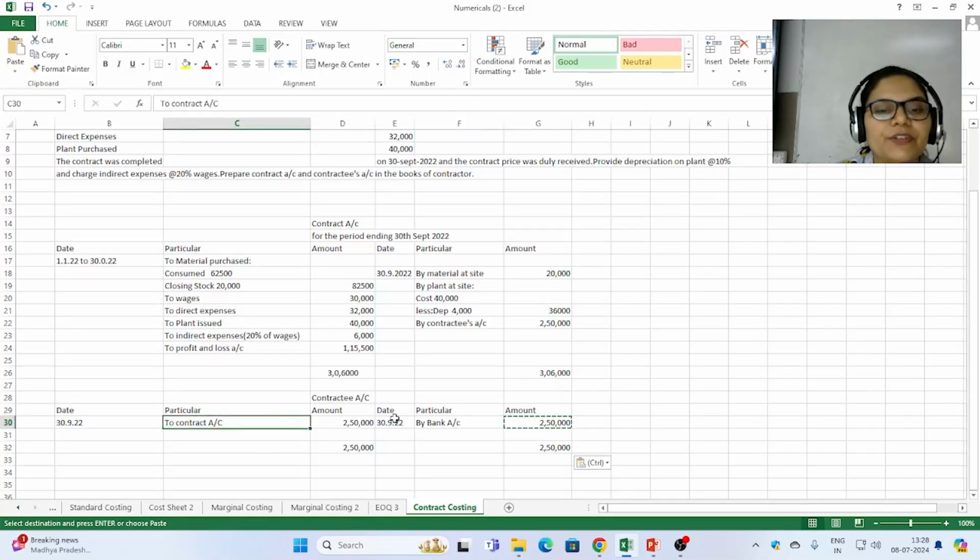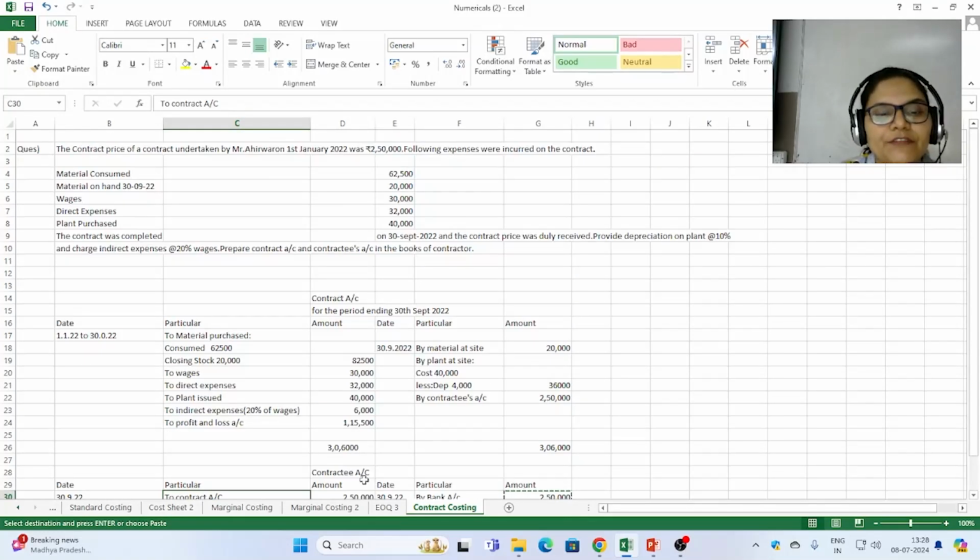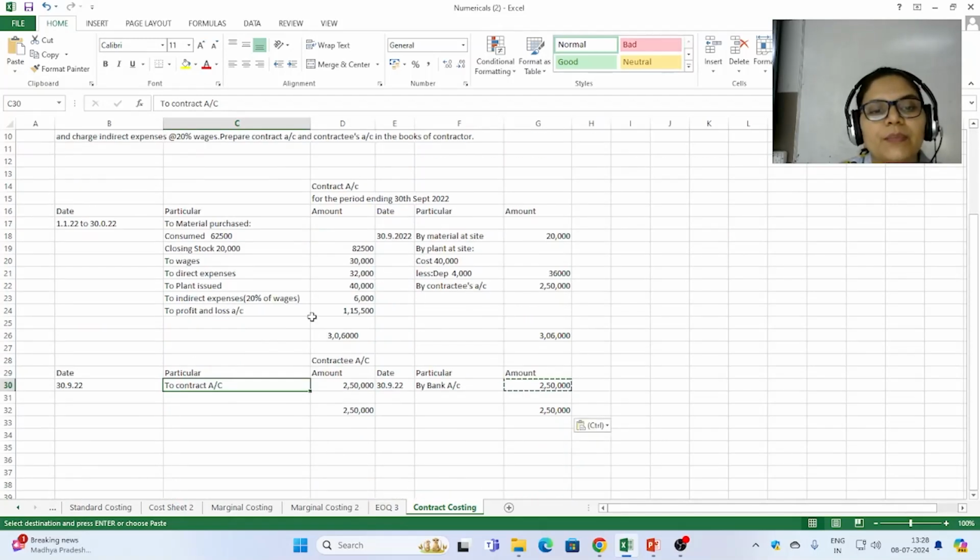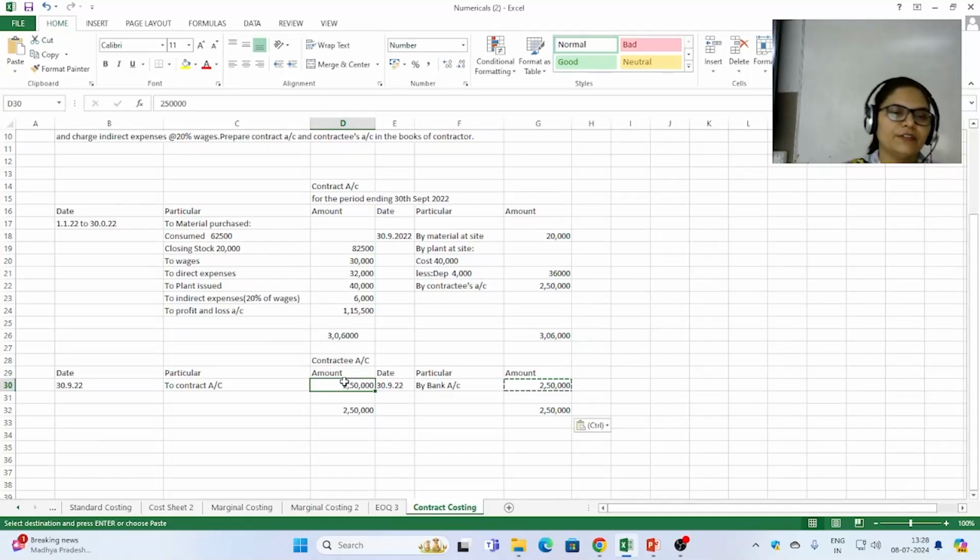The value transferred by contractee to the contractor is 2,50,000. As you can see, the contract price of a contract by Mr. Ahirban was 2,50,000. So this 2,50,000 is the amount given by contractee. That's why we have taken 2,50,000 over here for the purpose of making a ledger for contractee account.